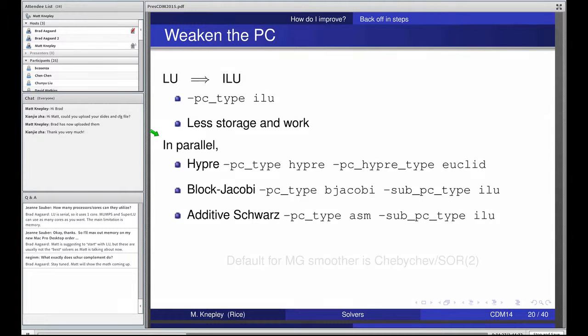It's a complicated thing to do in parallel, but you can get third-party packages that try to do it in parallel, like Hypre, or you can simplify it by only factoring the part that resides on each process, and this is what block Jacobi does. Or you can say, well, I'm going to factor the part that's on each process and a little bit of a halo, which tends to work much better, and you can get that with these options.